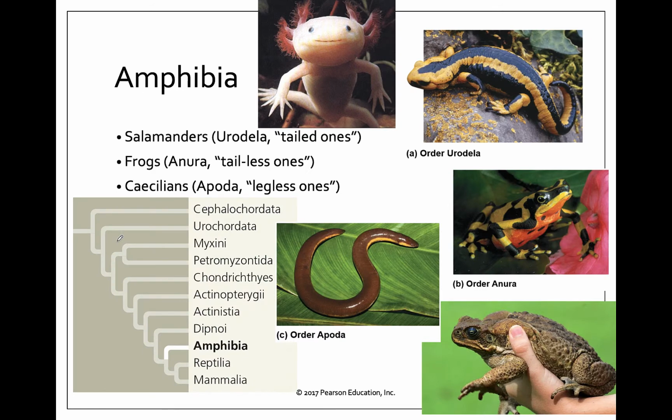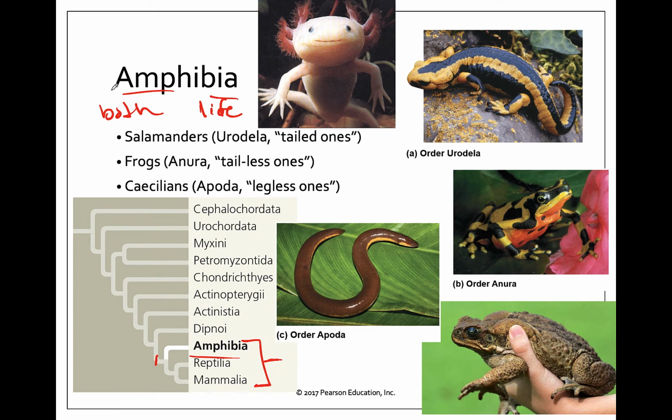So the first group of the tetrapods is, here's our tetrapods right here, all 3 of these, and the first group in here are the amphibia, and these are tetrapods that don't have an amniotic egg. Amphi means both, and bia means life. So amphibia means both ways of life.